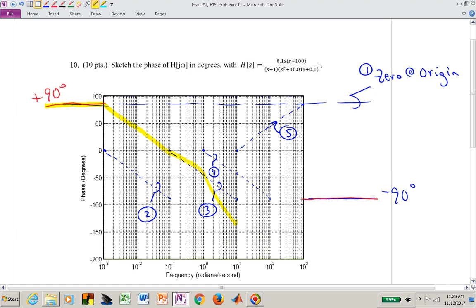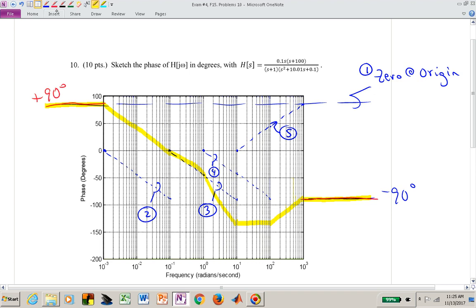So now I'm sloping down here. Once I get to that point, I now have this number 4 active and I have number 5 active in equal magnitude values of slope, but they're canceling each other out. So I'm actually flat until this number 4 contribution stops contributing slope. 5 continues contributing slope, so I should be going up at 45 degrees per decade, and then I will finish sloping and I'll just be flat at minus 90 degrees.